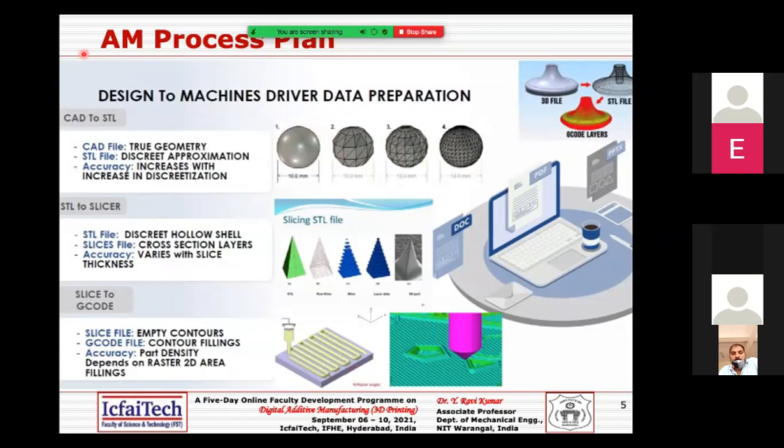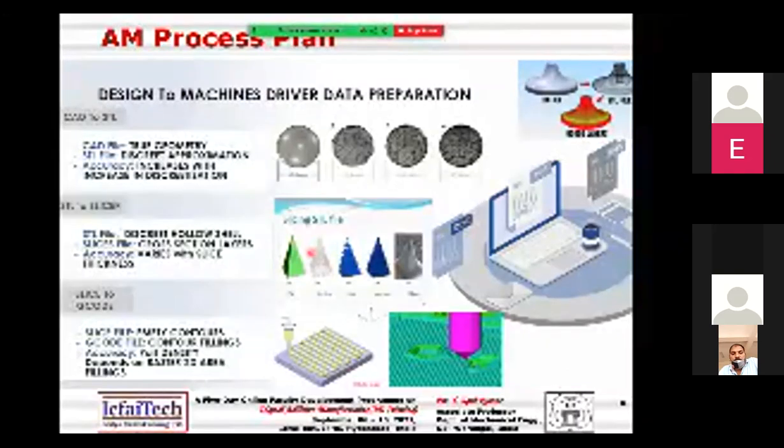The build time is high, so you have a contradiction or a trade-off between your accuracy and the build time. So our job is to choose the right layer thickness to optimize your accuracy. Good design for additive manufacturing also talks about all these steps which we need to optimize, each and every step in the process plan of additive manufacturing.